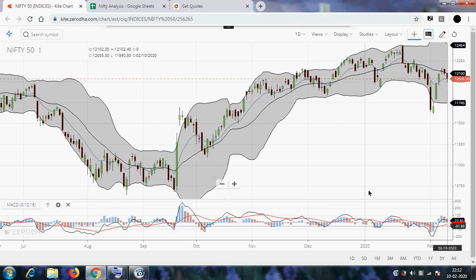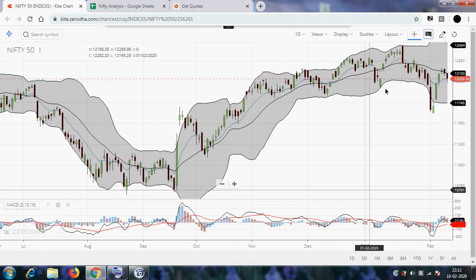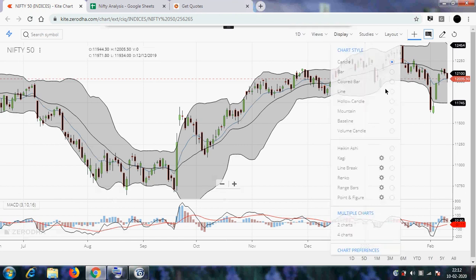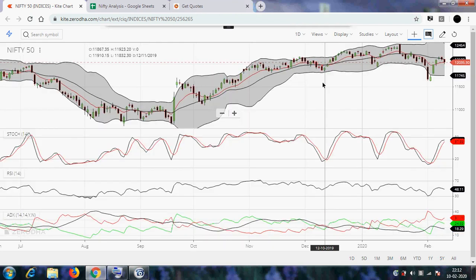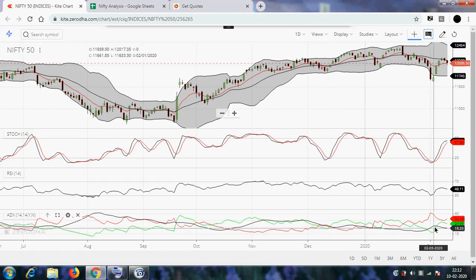Now let's look at a few other indicators to see if we are getting any kind of indication from there. This ADX was going up, came a little down, again it is turning, and this negative DI, which went up to 40, came down, and again it is increasing.